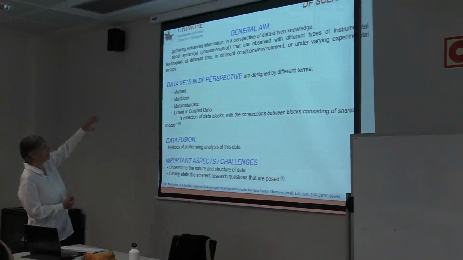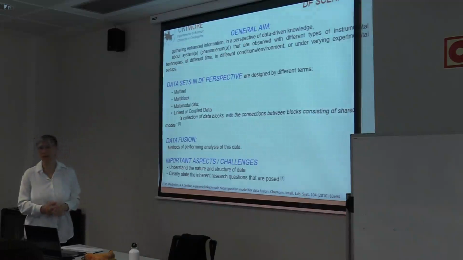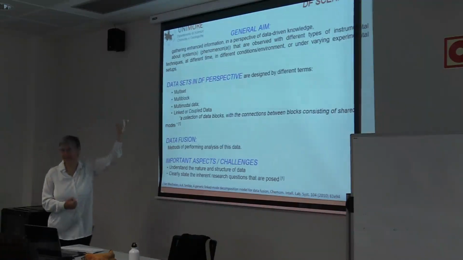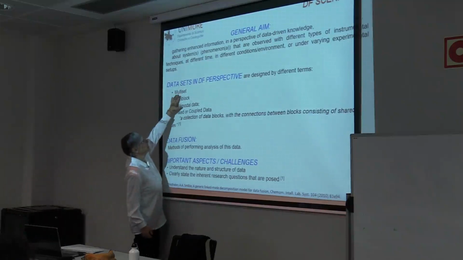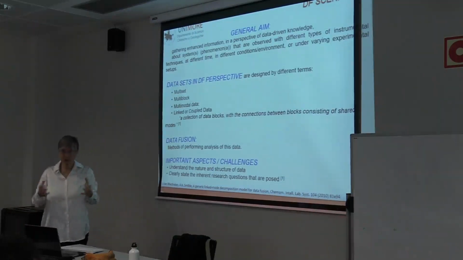So the data sets may be designated by different terms. One can call them simply data set or data block. Then you can call them multi-set analysis. For instance, there is one methodology in chemometrics which is very well developed, which is called multivariate curve resolution. And in this case, you speak about multi-set, and what you have in mind is also fusing different sets of data.